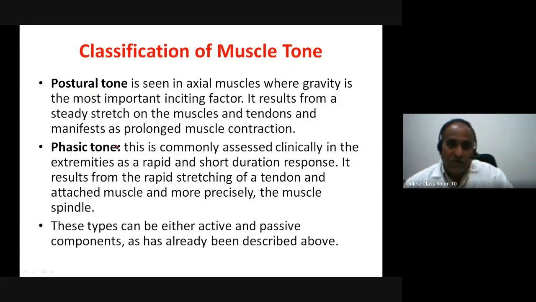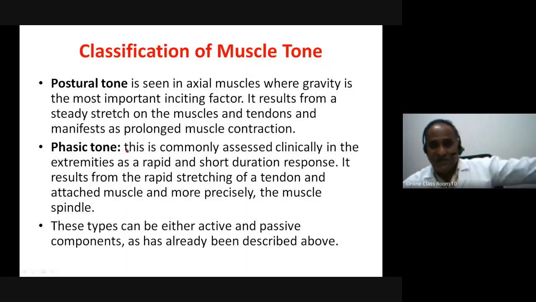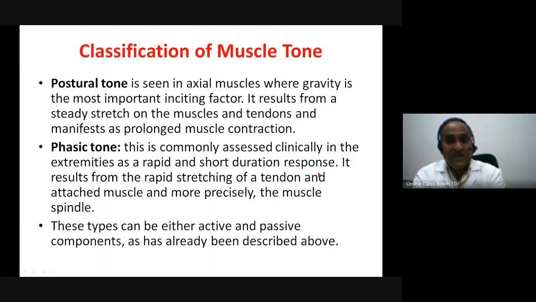The phasic tone. This is with the distal muscles. It is commonly assessed by the clinician, as we do in the laboratory, as a rapid and short duration response. That means you try to passively flex the elbow and feel for the resistance offered by the biceps and triceps muscles, or any other muscle in question.